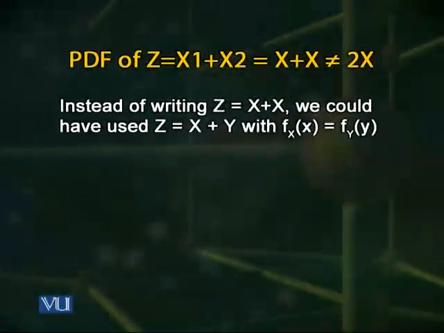So with that assumption that it can have any general expression which is valid for its PDF, we are going to find the PDF of the transformed random variable z, where z is equal to x1 plus x2 or x plus x or x plus y, whichever way you want to consider. To find this PDF, we have to integrate the regions of the xy plane or x1, x2 plane in an appropriate manner so that we can find the CDF of z.